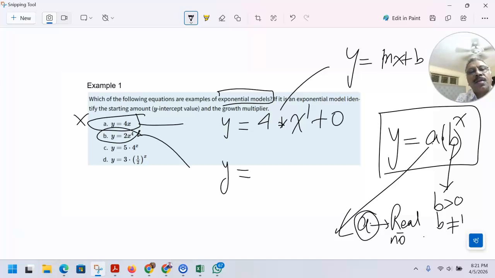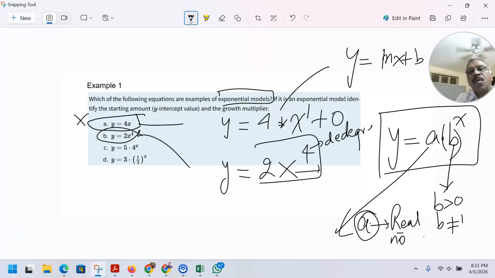Is y equals x raised to 2? Now there is a degree 2 on this x, this is a monomial. Remember polynomial or monomial.